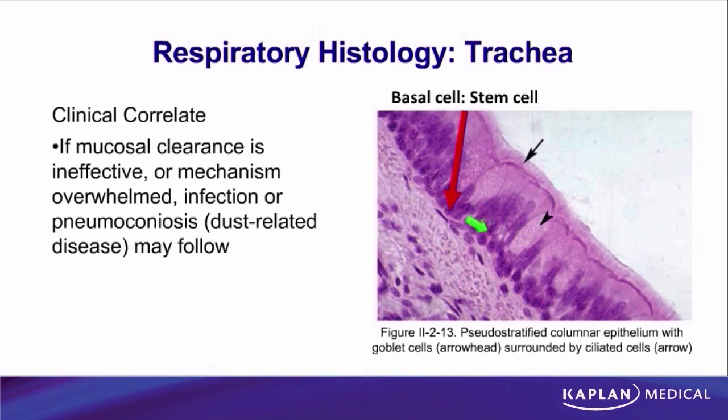Remember, any place where you have an epithelium, you're going to expect to see stem cells. You'll recognize stem cells because you'll see mitotic figures in there. Okay, and remember we talked about the significance of the loss of motility of the cilia in primary ciliary dyskinesia or Kartagener syndrome, where they will interfere with the ability to clear mucus.